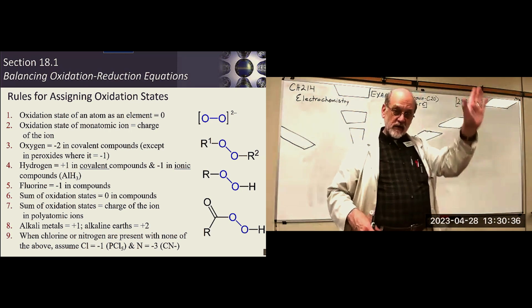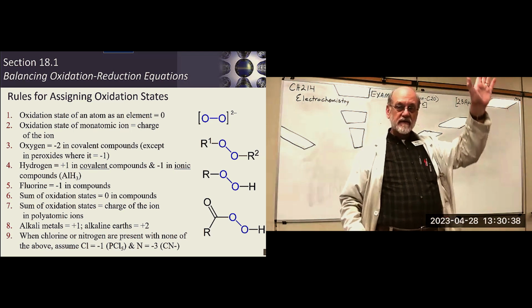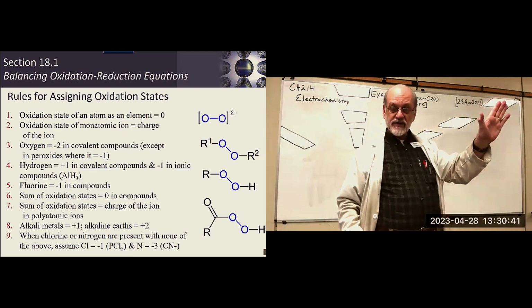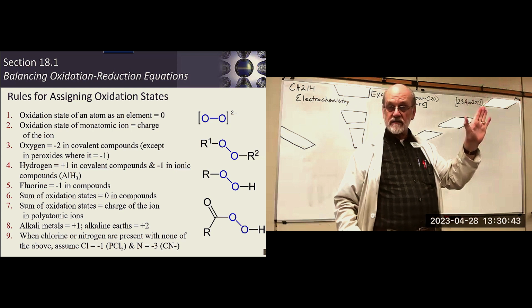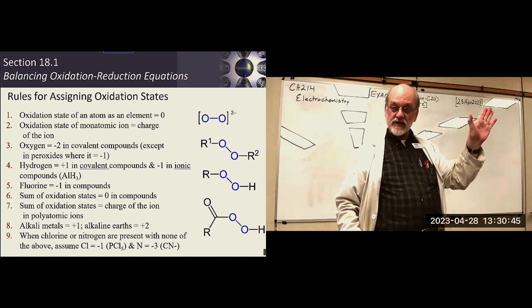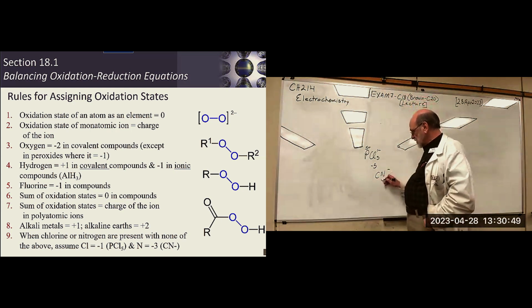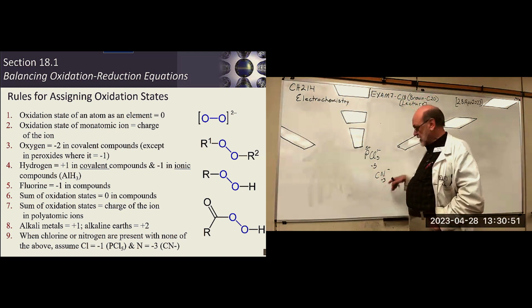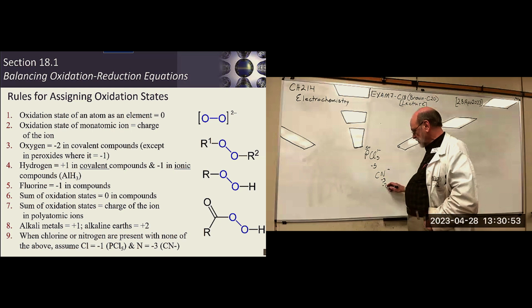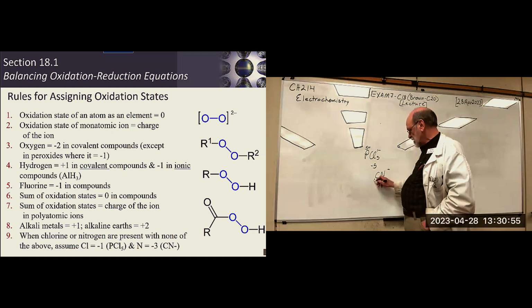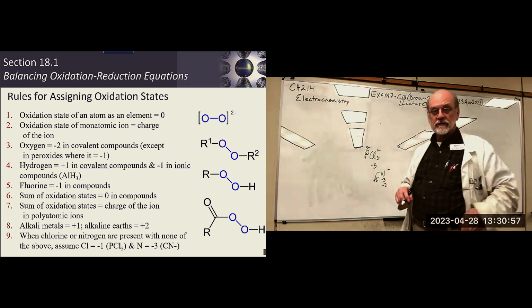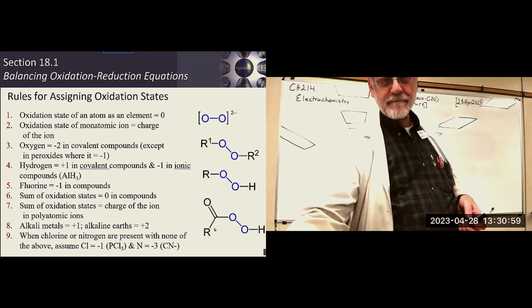Remember, halogens are -1, then chalcogens are -2, pnictogens, well, nitrogen in this case, is a -3. So we say, okay, this nitrogen is -3, but we need to hold one of them out. So we only balance a -2. That carbon is a +2.